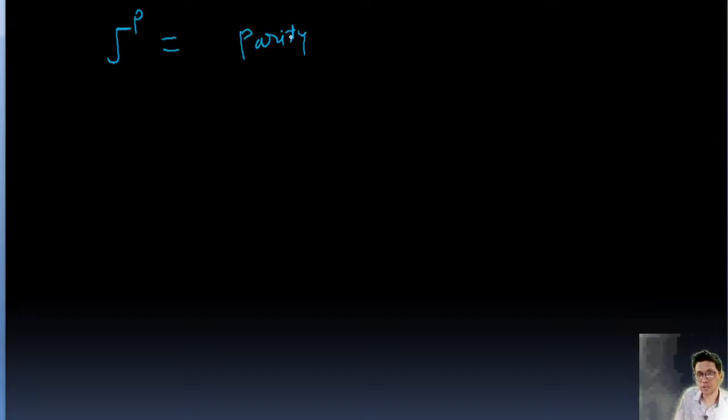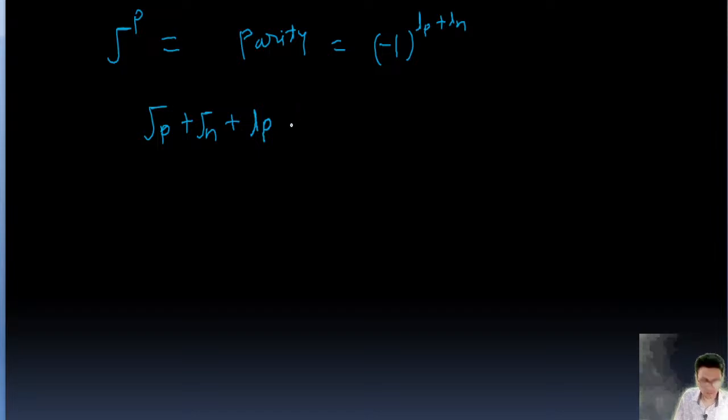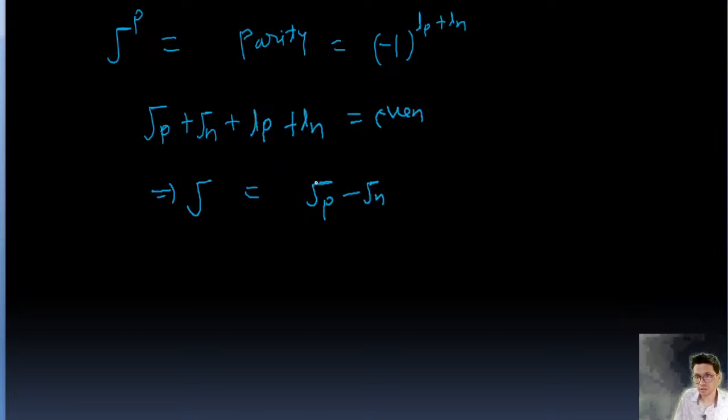Parity value is minus 1 to the power L P plus L N. We will find J P plus J N plus L P plus L N. If this value is even, that implies the value of J is going to be J P minus J N, mod.